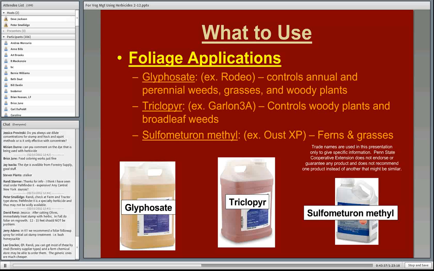Sulfometuron methyl, the Oust XP, gives you great control of grasses in particular. It's mixed with glyphosate for fern control applications. It has soil activity, including pre-emergent soil activity, which means it impacts seed germination. So when we're dealing with annual grasses like Japanese stiltgrass, for example, that is a product we may have to use.